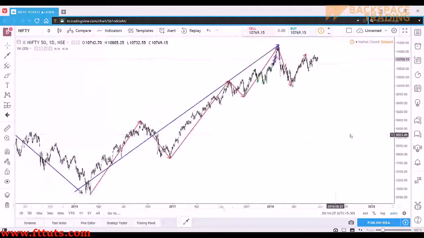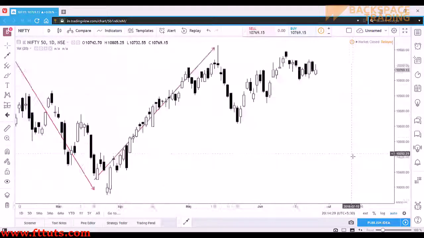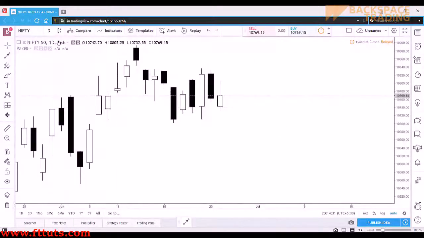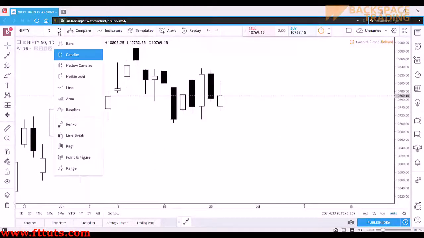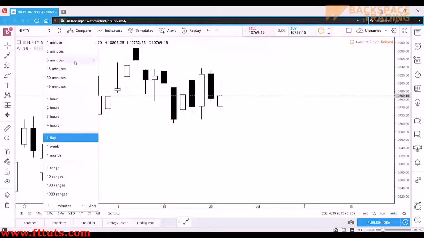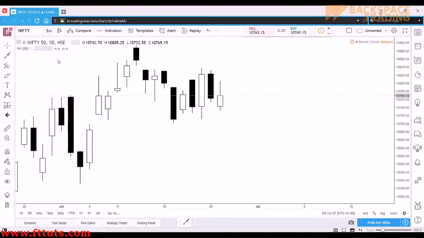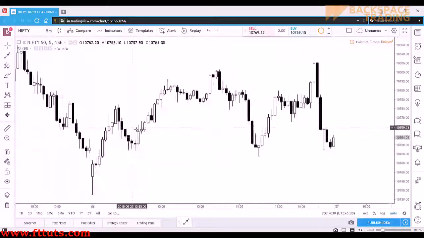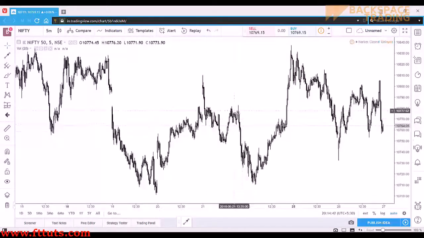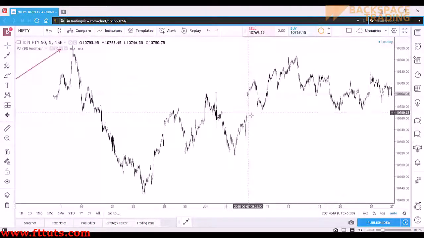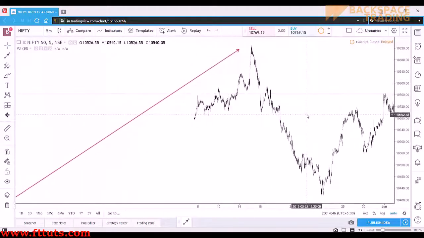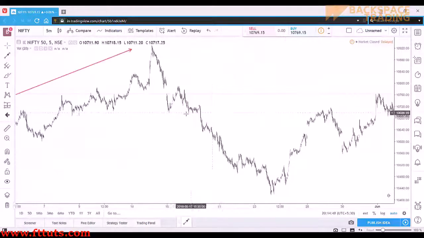Now, okay, if you are so much interested, because I cannot load 1 minute or 5 minute charts on those waves, but we can try over here and let's see how far it can go. It went. Oh, that's good.